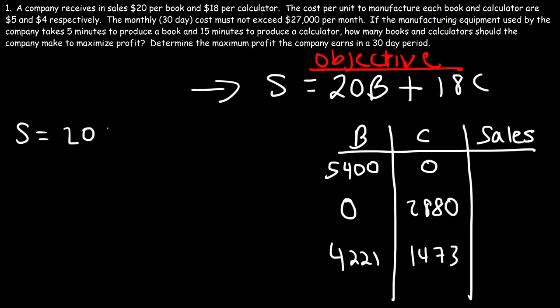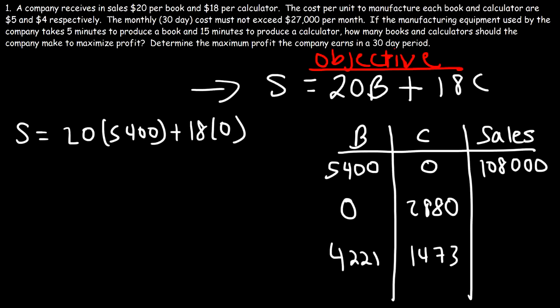It's going to be 20 times B and then plus 18 times 0. So 20 times 5,400. That's $108,000 per month. Now, let's focus on the second point.